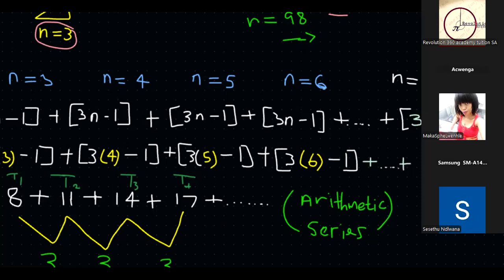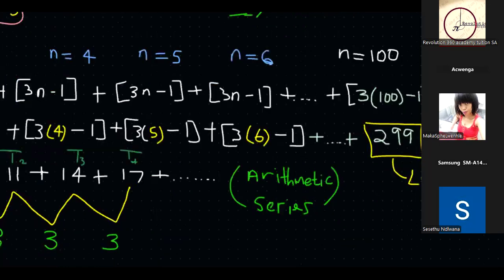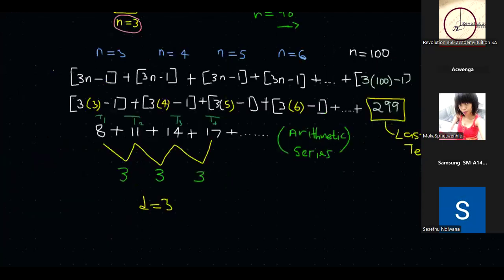It's very important, guys. It represents what we call the last term in that series. Since this represents the last term, and you understand that you are working with an arithmetic series, you're going to use the formula for the sum of the number of terms of the arithmetic series.